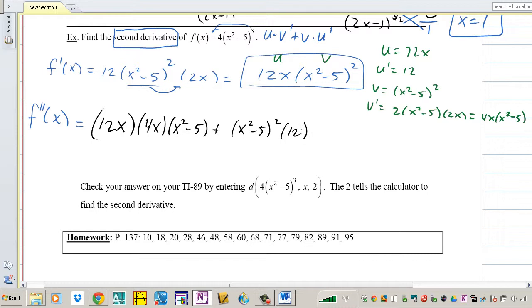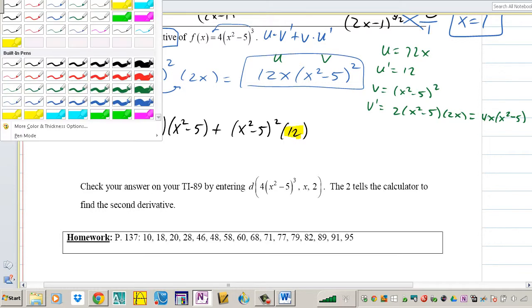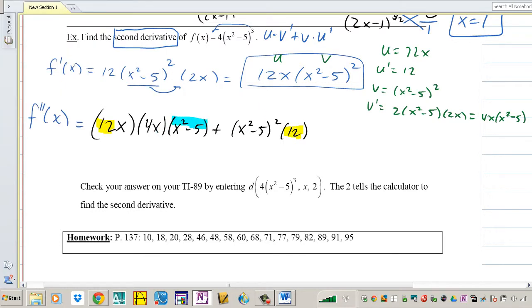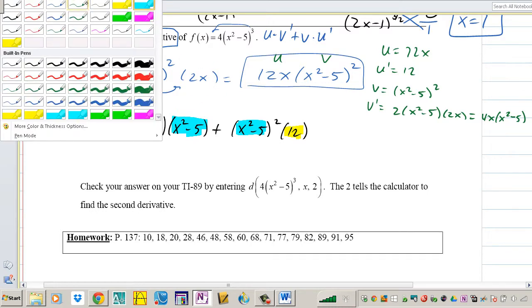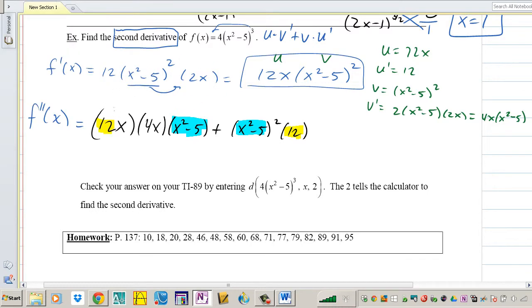Now before I start doing anything crazy and distributing and multiplying, let's go ahead and just figure out what we have in common. I have a 12 in common, I have an x squared minus 5 in common. Even though it's squared, I can only take out one at a time. So I'm going to factor these outside. Since I have a 12 times x squared minus 5 in common, I write 12x times x squared minus 5.